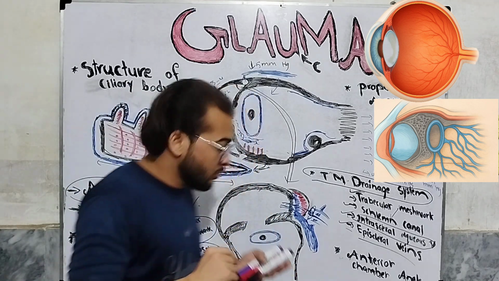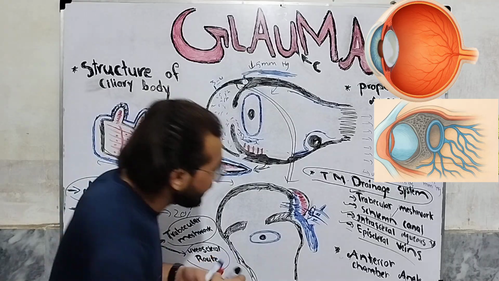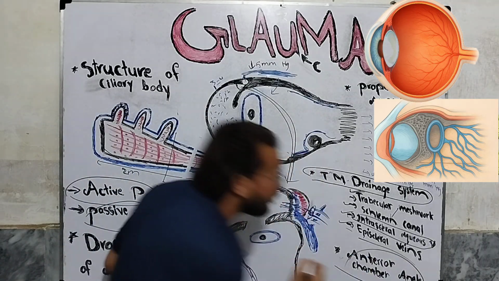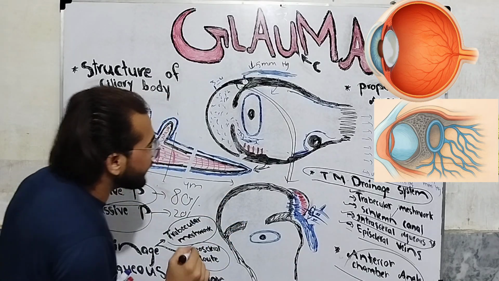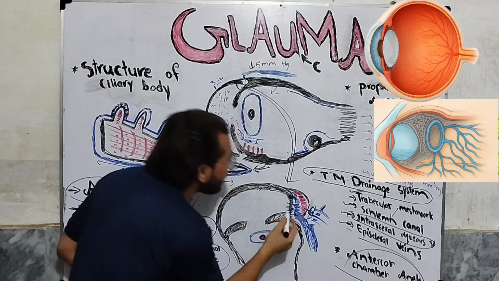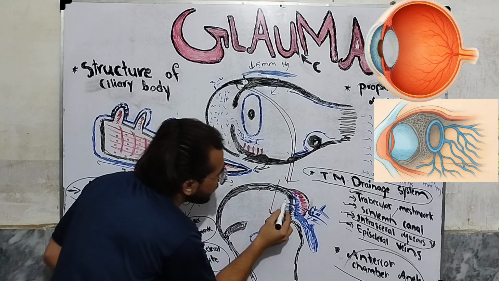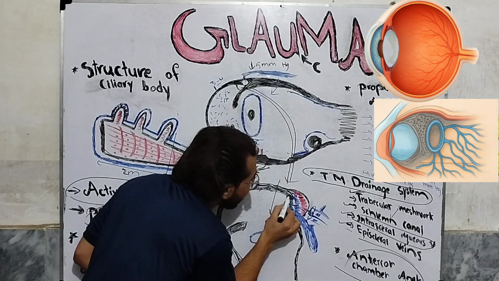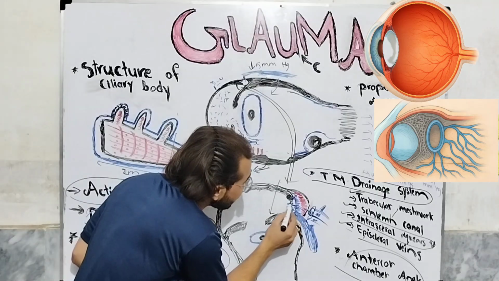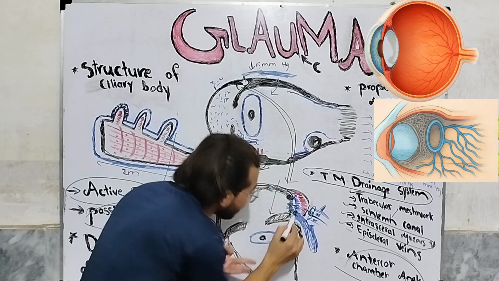Another concept you should know, which is important for the diagnosis of glaucoma, is the interior chamber angle. What is interior chamber angle? As I discussed before, this is the interior chamber angle. If we move from interior to posterior, interiorly it starts from this Schwalbe's line, then trabecular meshwork, then the scleral spur.